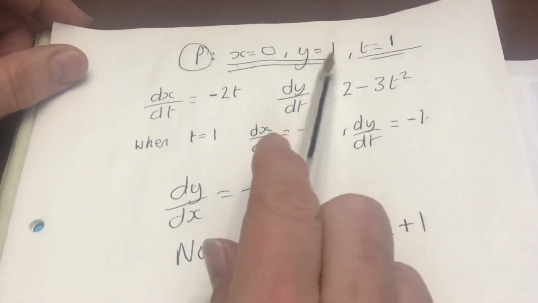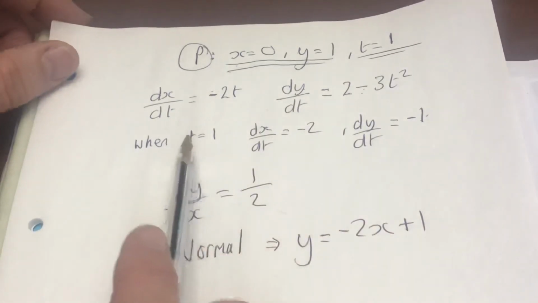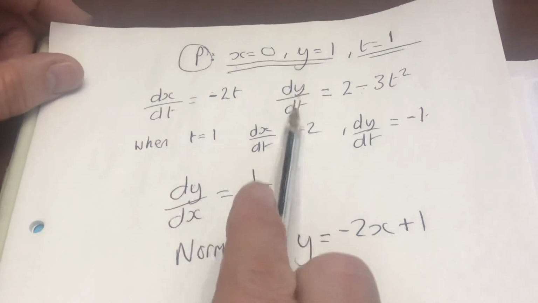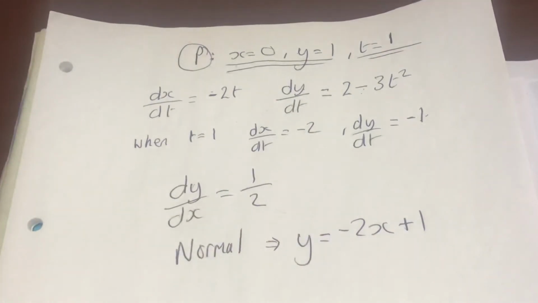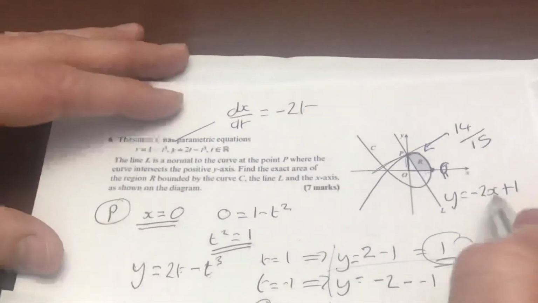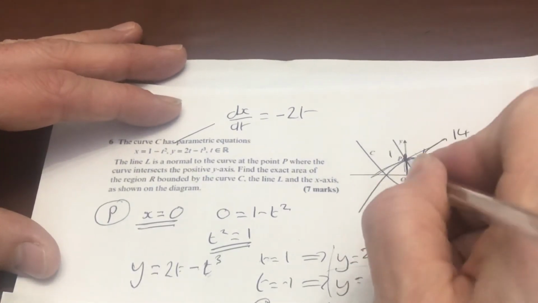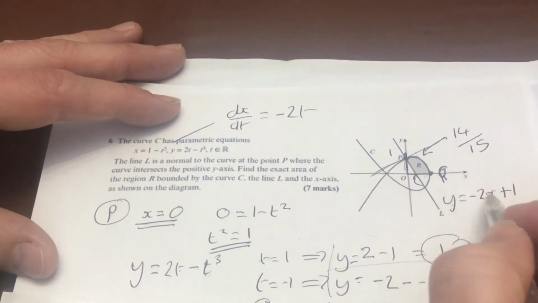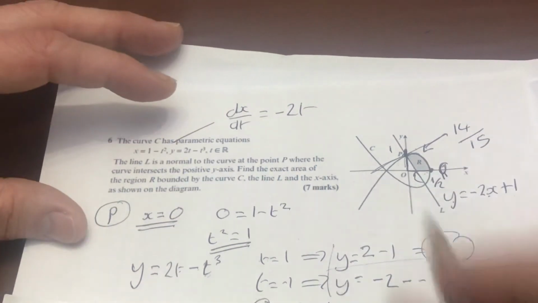I know that the y-intercept is 1, and I work out the gradient of the tangent, which is a half, using dx/dt and dy/dt, dividing dy/dt by dx/dt, and I get that. If that's negative 2x plus 1, we know that's 1 there. That goes through there at 1. What's the coordinate there? Well, when y is 0, x has to be a half. So I've got my triangle there.